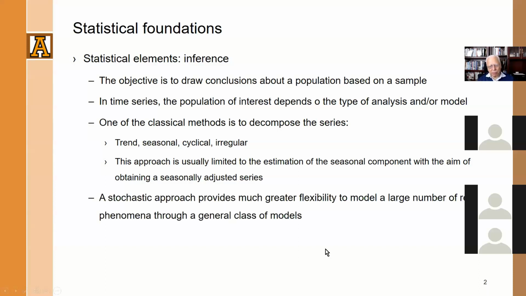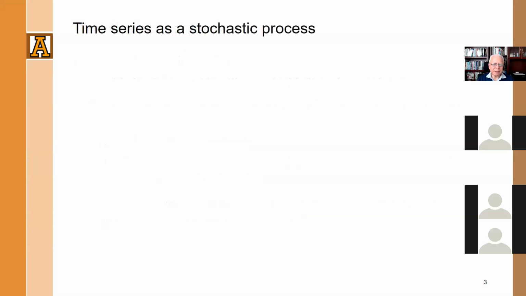Now, what we're going to study in this class is the stochastic approach, because the stochastic approach gives us a lot more flexibility. There's a larger number of practical situations that can be modeled if we use this stochastic approach. So that's why we are going to be centering on it in the class.